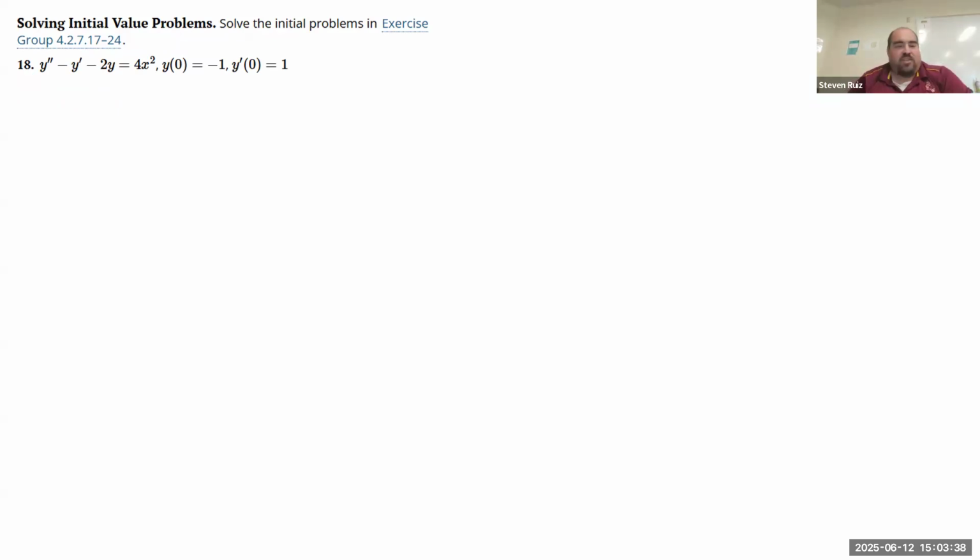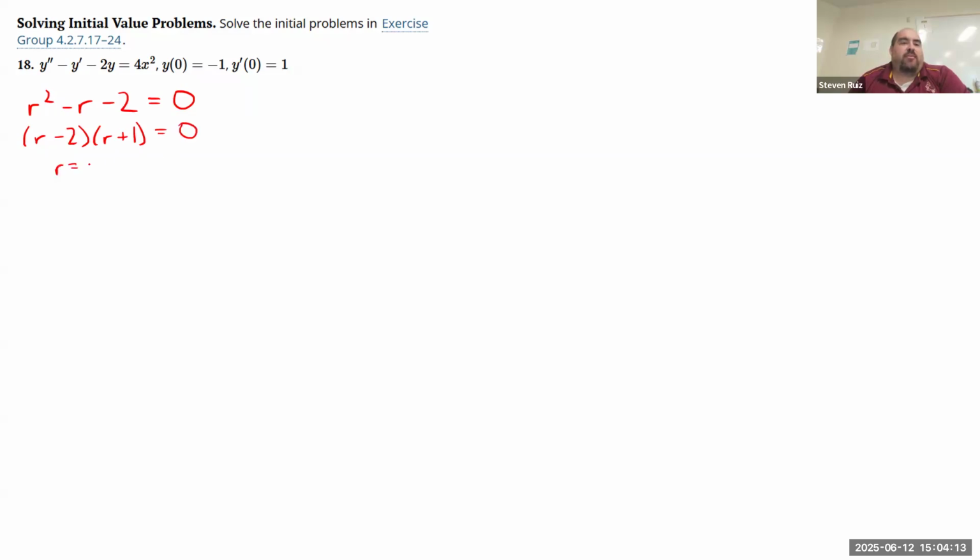So again, we can start with everything we learned about how to solve a homogeneous equation. So we have r squared minus r minus 2 equals 0. Does this factor? I believe it should. So (r minus 2)(r plus 1): r squared minus 2r plus r. Yeah, okay.